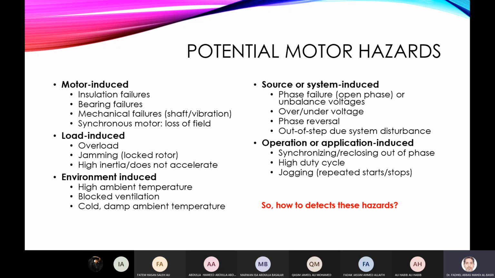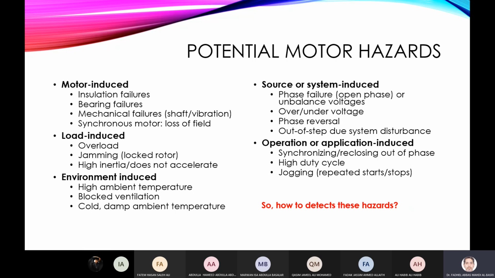This slide shows how those hazards or failures are classified. Instead of just showing electrical or mechanical related or environmental, we can even classify them further into motor failures that are induced inside the motors, like insulation failures, whether it is stator winding insulation or the core insulation or the rotor insulation.